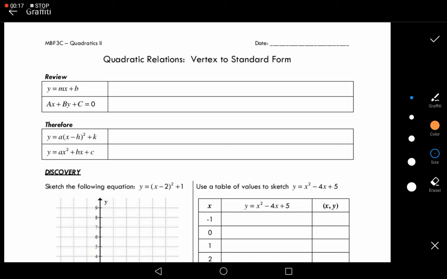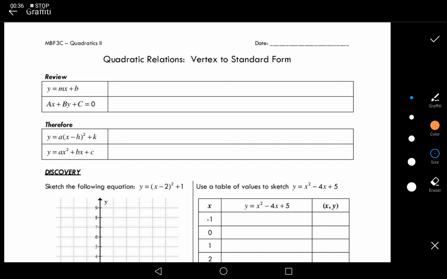From last year and from grade 9, y equals mx plus b is that equation that we used for a straight line, right? We focus on quadratic relations in grade 11, but back in grade 10, you really focused on this slope y-intercept form.